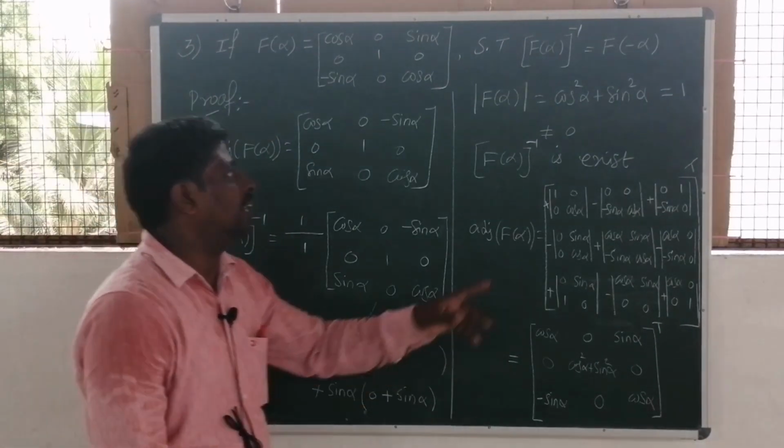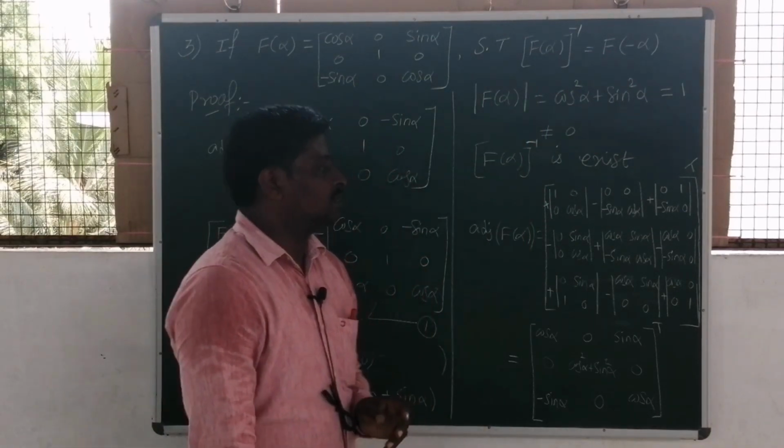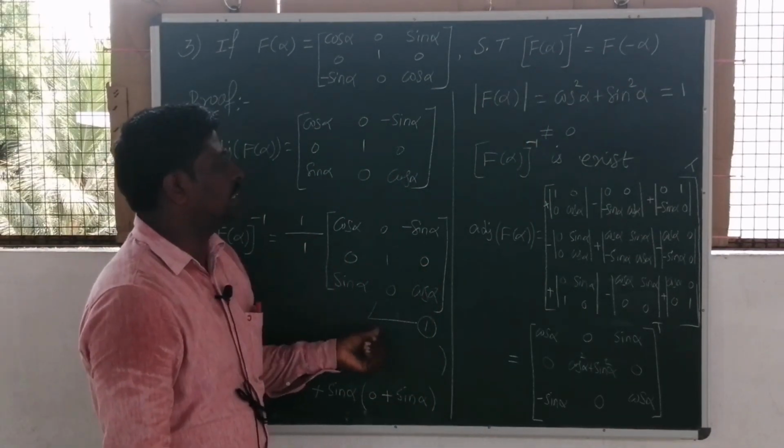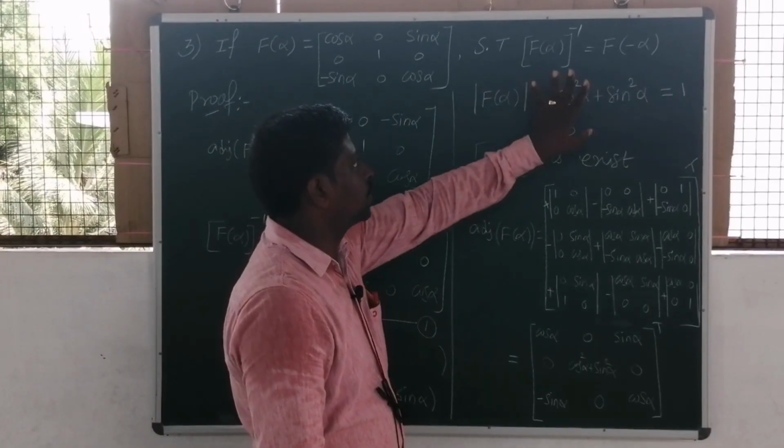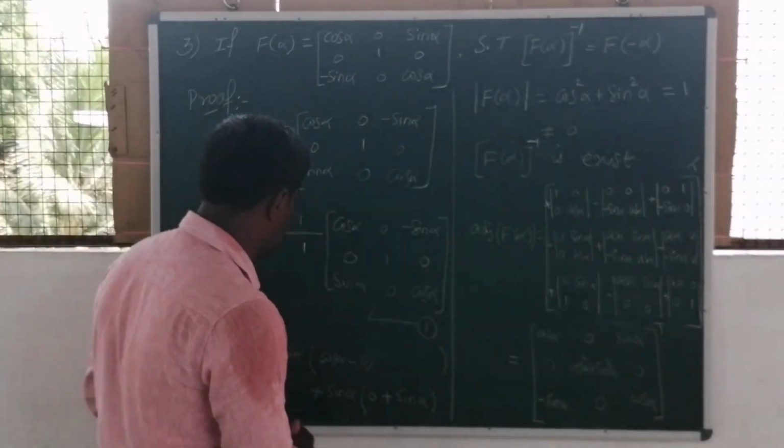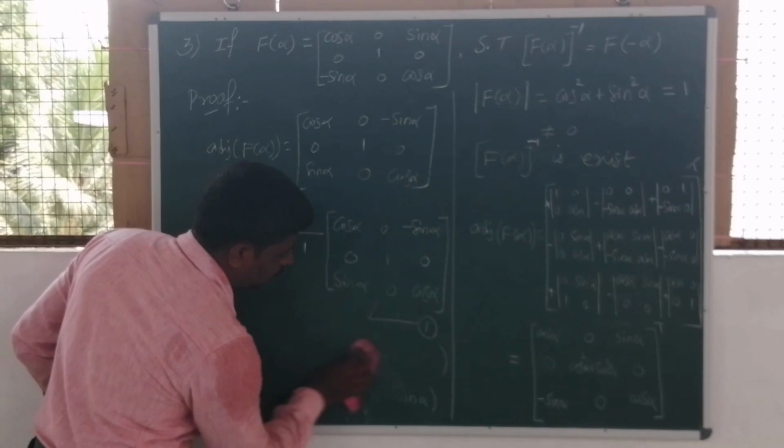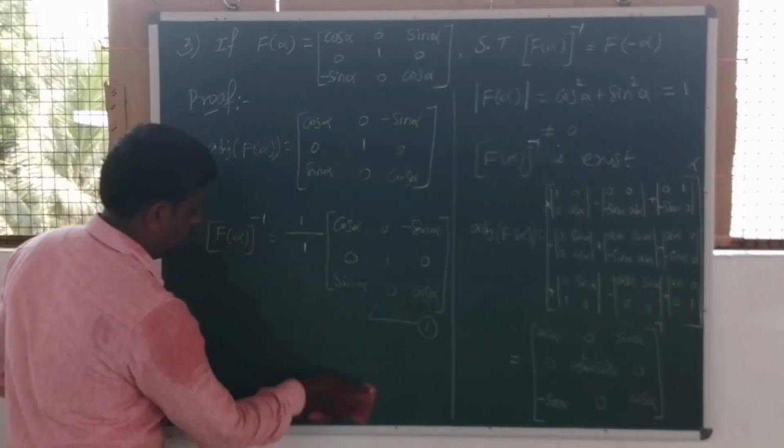Next we want to find f of minus alpha. We will get the same result, then we can show these two are equal. So next we find f of minus alpha.